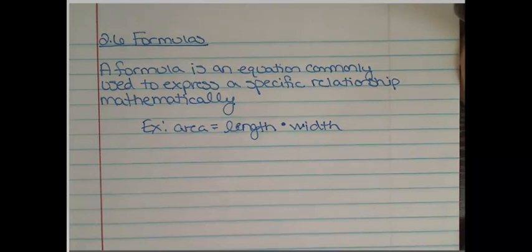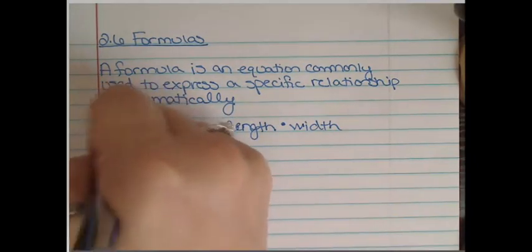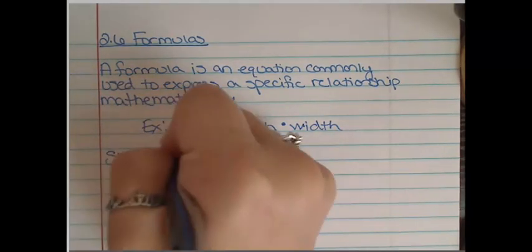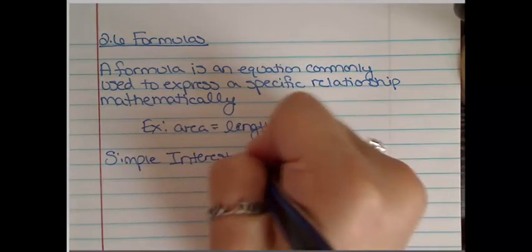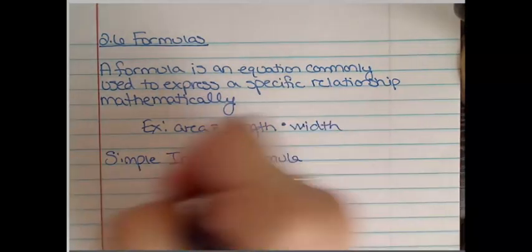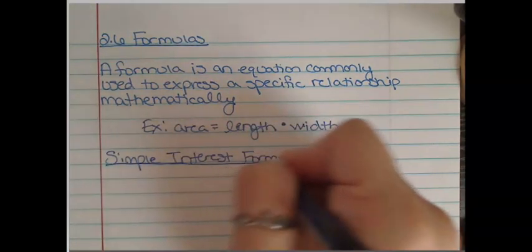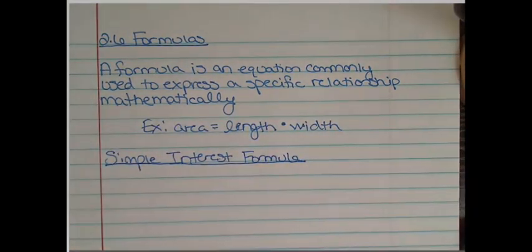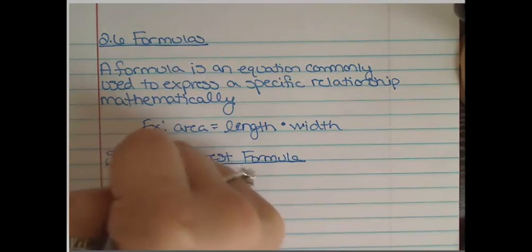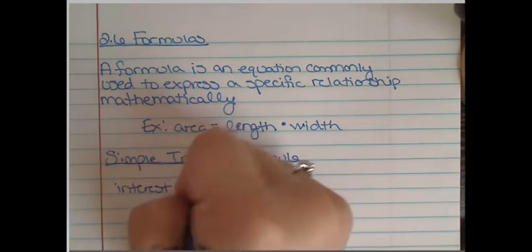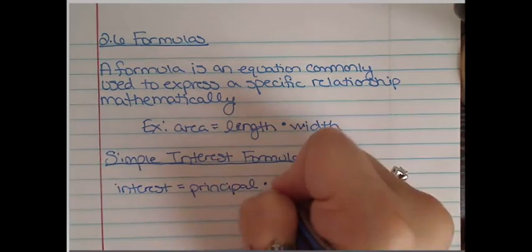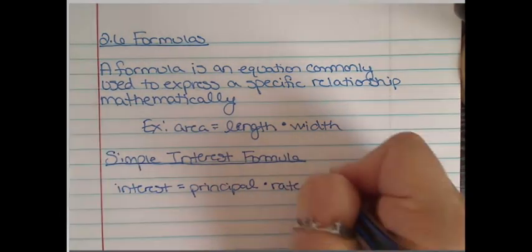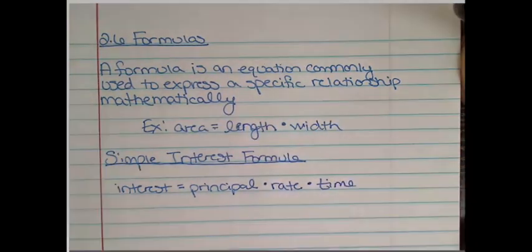So one of the problems you're going to be doing in 2.6 is something called a simple interest problem. So here's your simple interest formula. You're going to have your interest equal to the principal times the rate times the time.